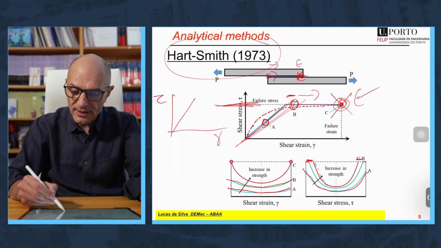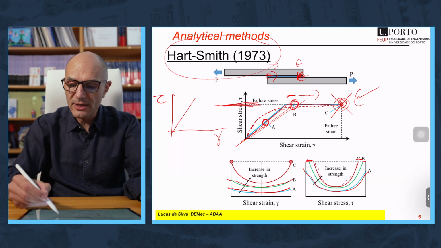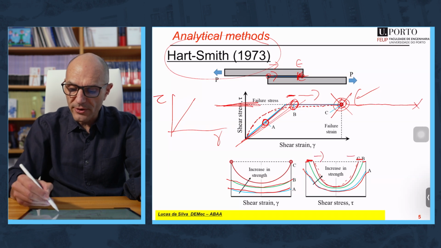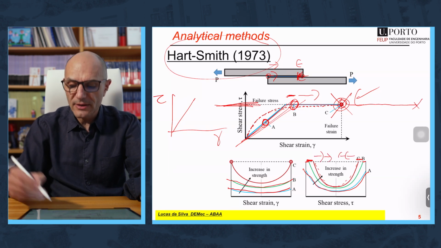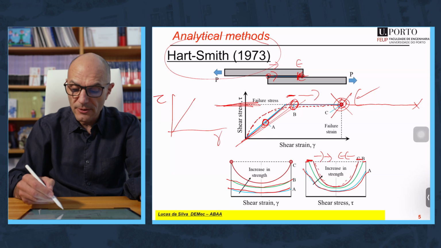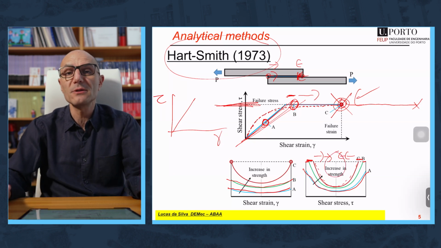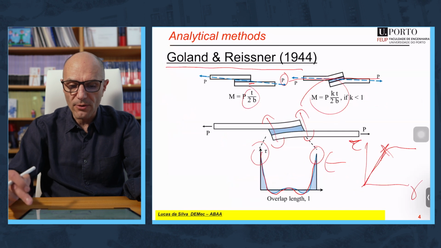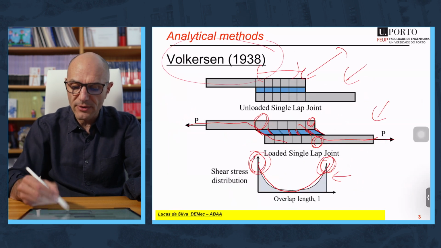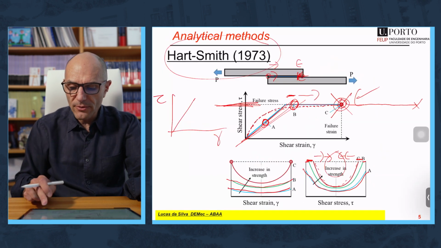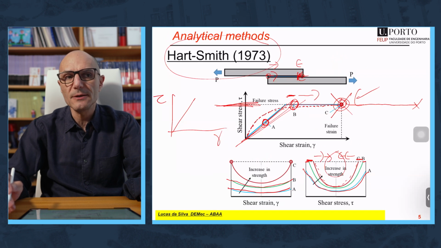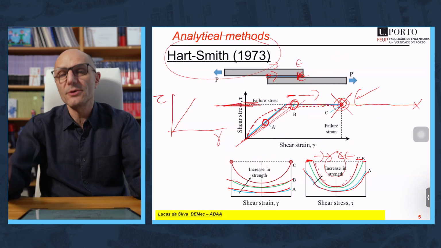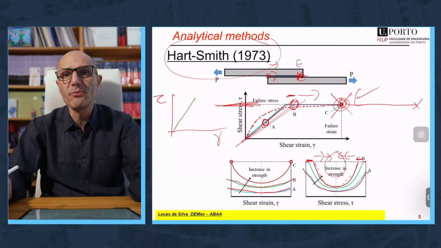But you still have here an elastic reserve in the adhesive. Imagine that the adhesive was much more ductile, then you could further plastify the adhesive inside the joint and use this part that in fact is not being used when it's elastic. When you look at Goland and Reissner or Volkersen, only the ends of the overlap work. If you use the Hart-Smith model, more of the overlap works, and the more ductile the adhesive is, the more overlap works.